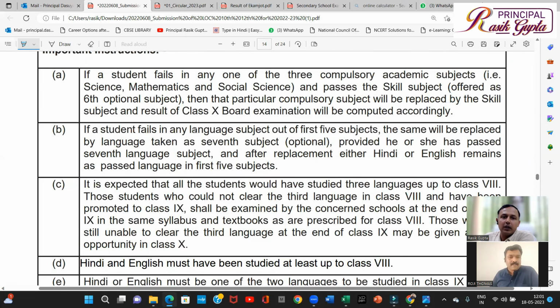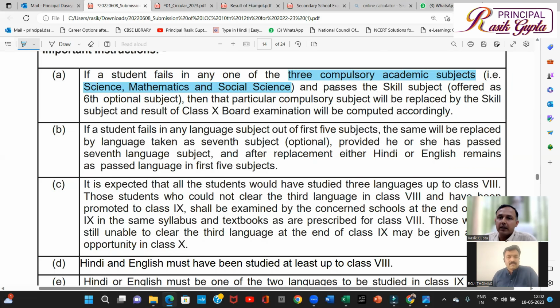Point A says, if a student fails in any one of the 3 compulsory academic subjects. What are 3 compulsory academic subjects? Even some might not be having knowledge of this. Science, mathematics, and social science are called 3 compulsory academic subjects, and the remaining 2 in the first 5 are the languages.